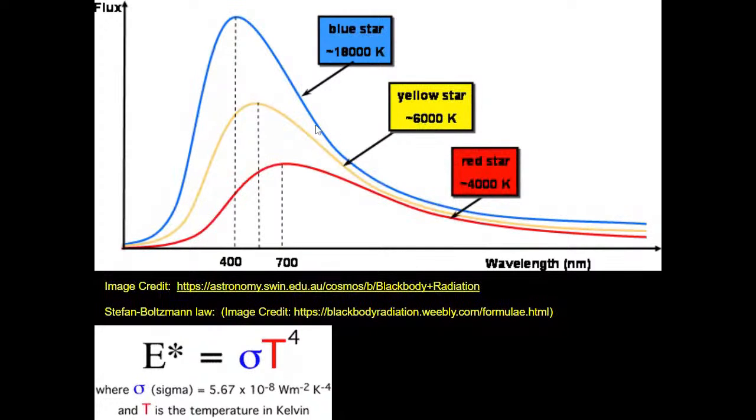While if you take a red giant star, then the continuum emission would be something like this, and therefore the temperature is lower compared to the sun, and the peak is around 700 nanometer.